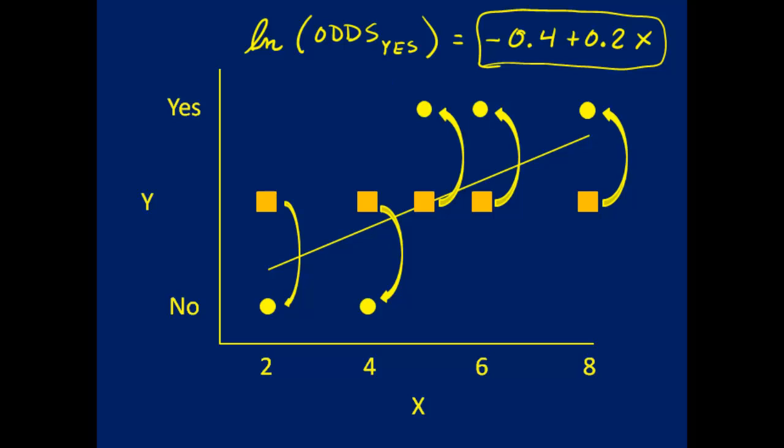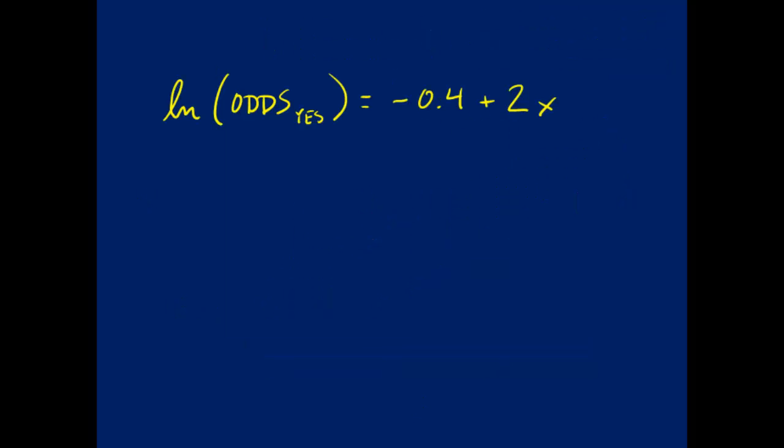So here's our function. If we take both sides of the equation and take e to the power of that side of the equation, this is still an equivalency. And if we do this, e to the natural log of the odds of yes is just equal to the odds of yes.